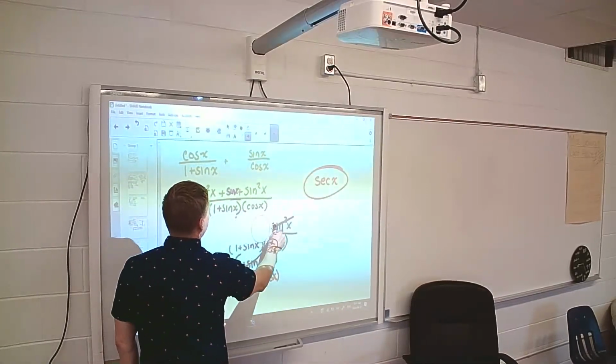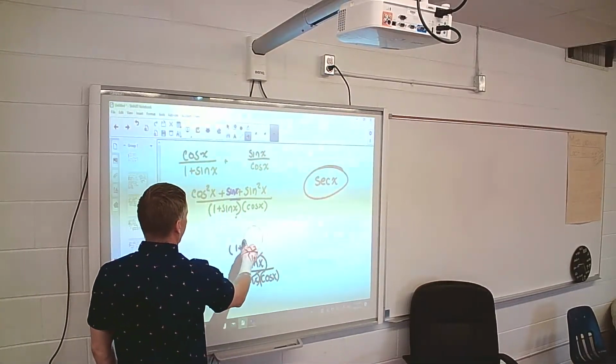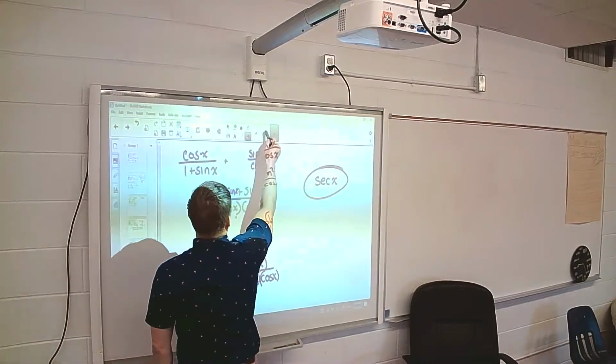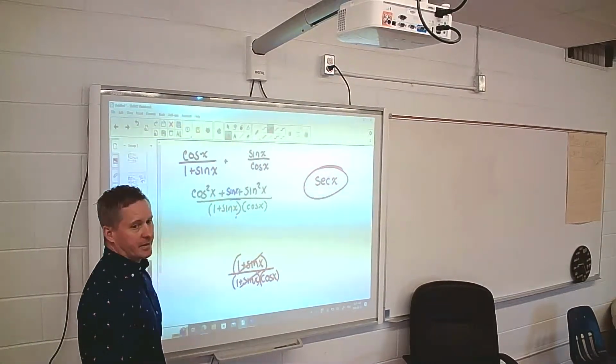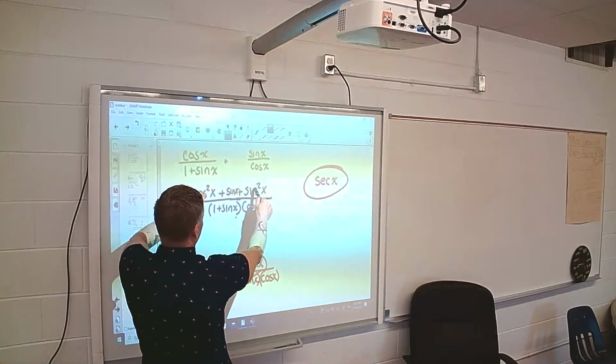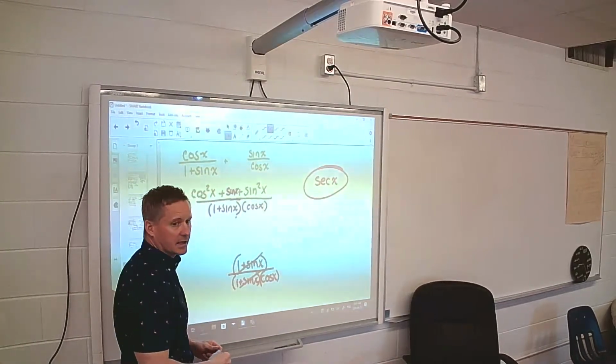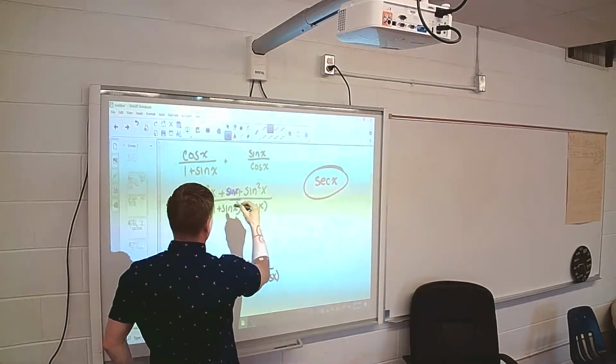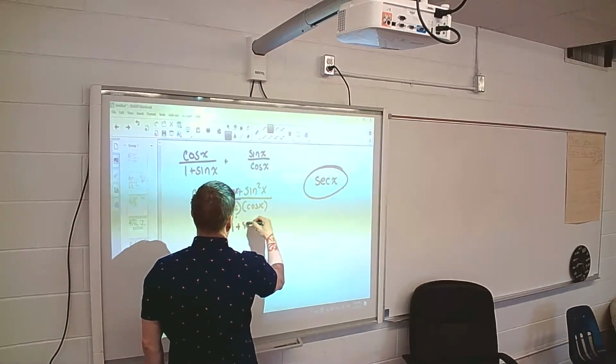Can you identify that Pythagorean identity? Right here, Madison, cos squared x plus sine squared x is actually what? 1. So I could have just written 1 plus sine x.